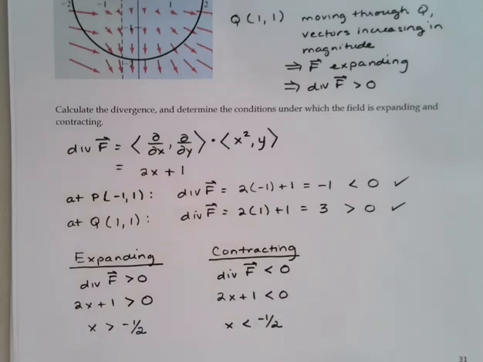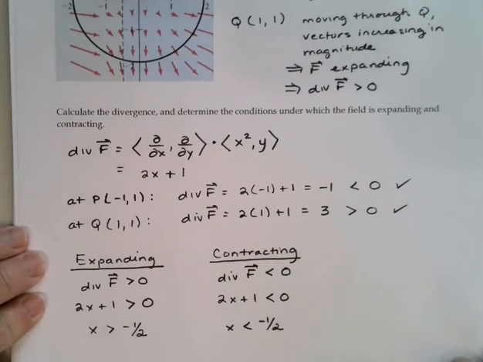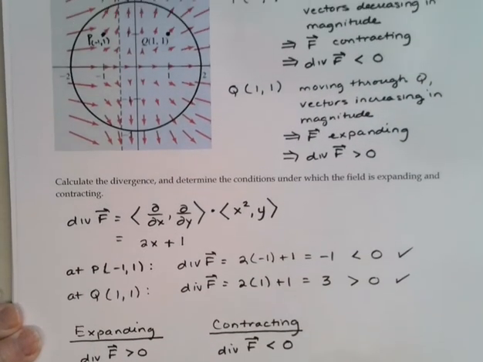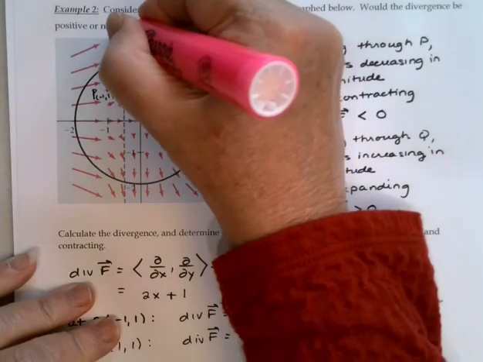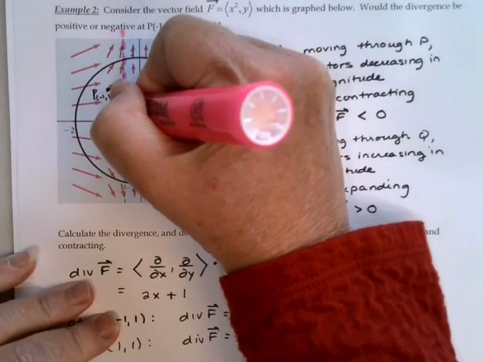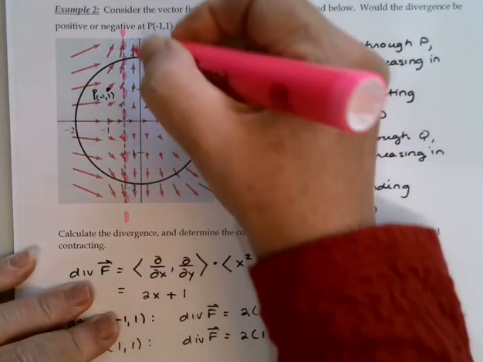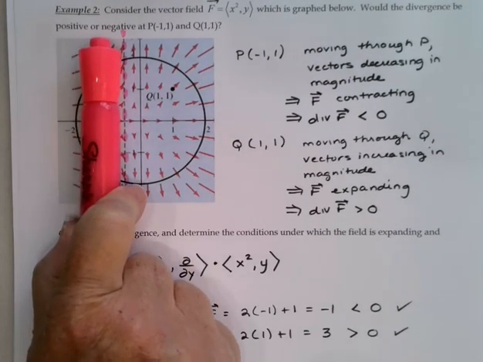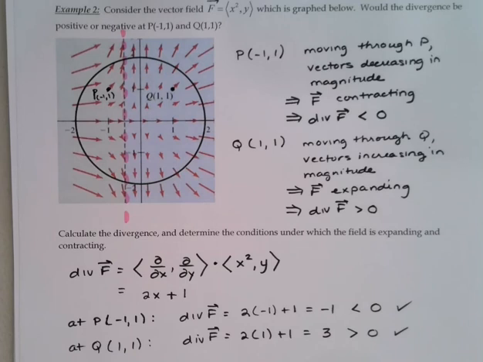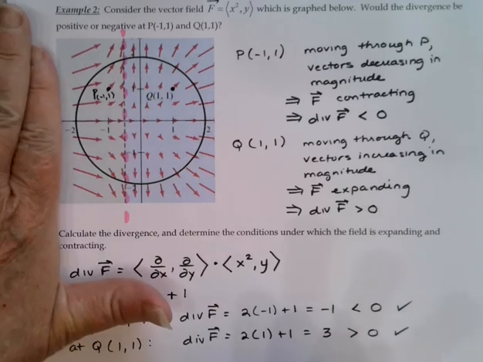It was given away just a little bit in the diagram, but if you go back up to the diagram, x equals negative 1/2 is actually this dotted line right here. Just to make that a little bit more obvious. Everything on the left side of that vertical line, x equals negative 1/2, we're seeing a contraction of the vector field.